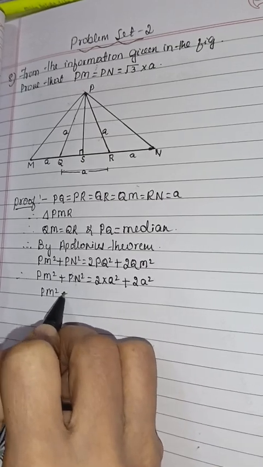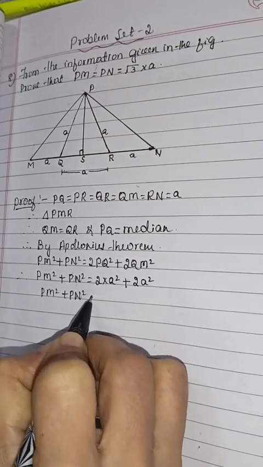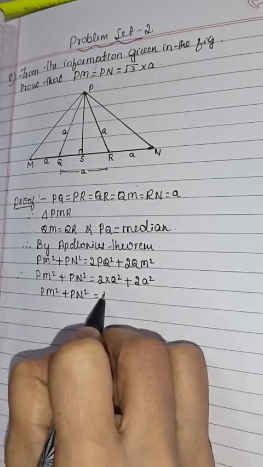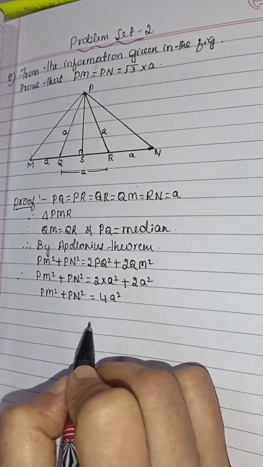PM square plus PN square equals 2a square plus 2a square is 4a square, no?